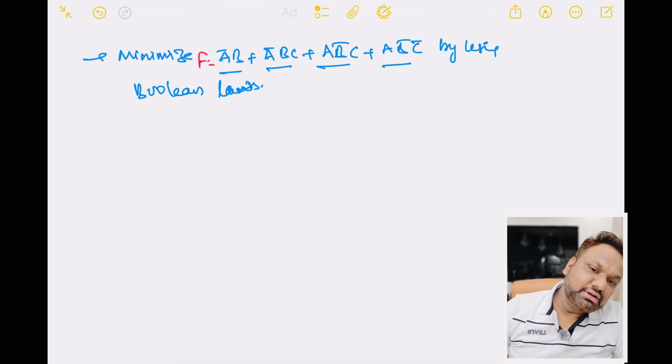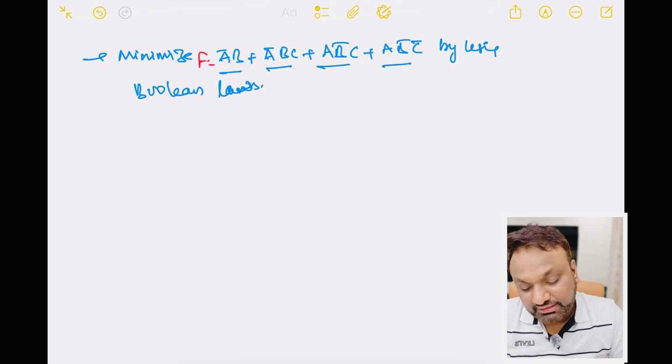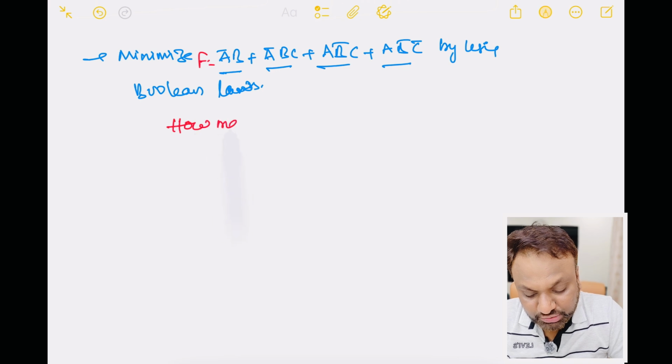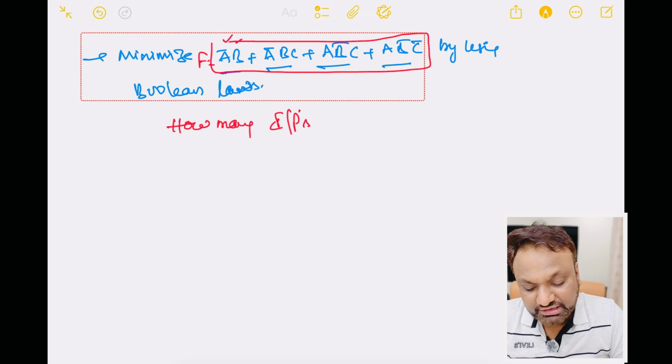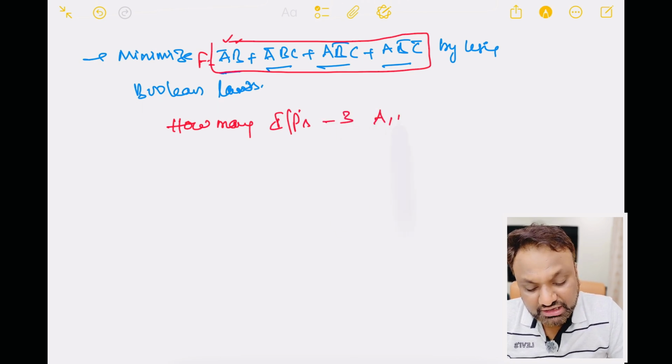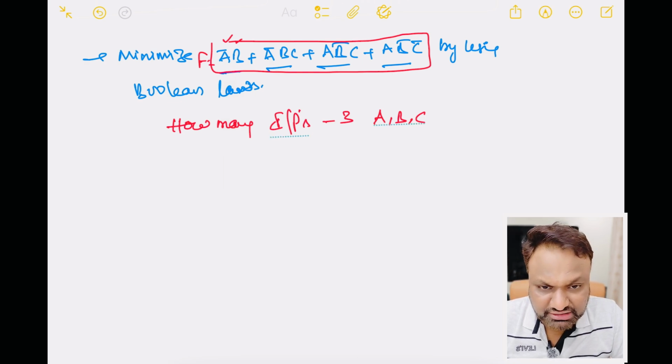First of all, whenever we are dealing with Boolean functions, you need to know how many inputs are in the function. Looking at the whole equation, I have 3 inputs: A, B, C. The output equation is a combination of A bar, B bar, and C or C bar.